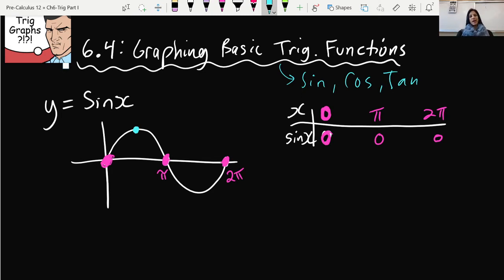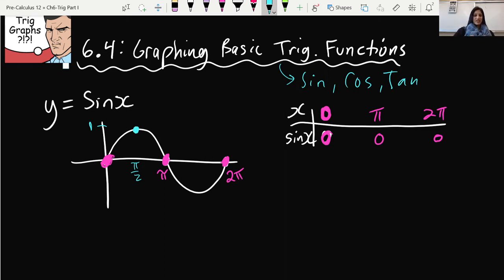That's our local maximum. That's the highest point on our graph, and that's happening at this point where y is equal to 1. So on our graph, if this is at pi, then this point must be pi over 2. So it's helpful to take our sine graph and look at it in terms of fractions.